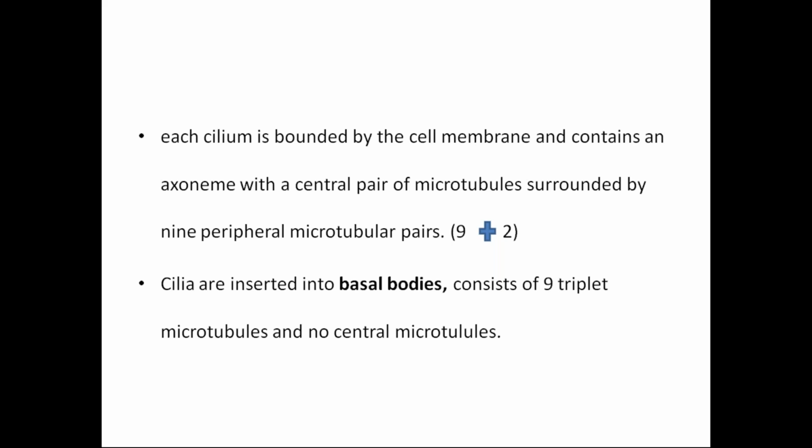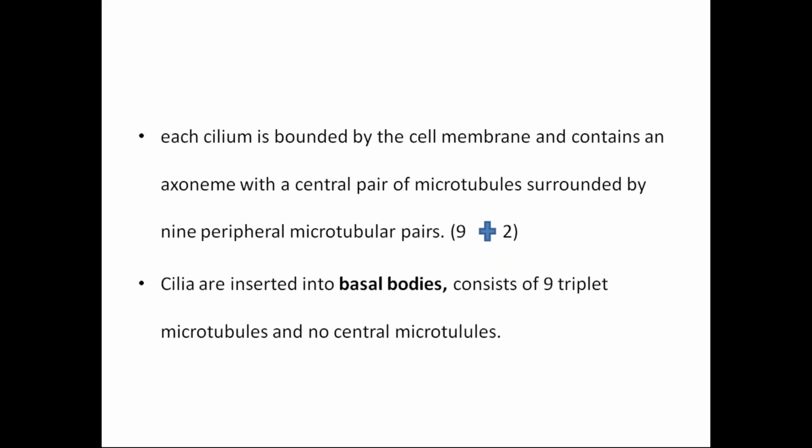Microtubules are located here, and cilia are inserted into the basal bodies that help to maintain their stability. And this basal body actually consists of 9 triplets of microtubules with no central microtubules. So this is the difference between the axoneme, with its central pair of microtubules, and the basal body.